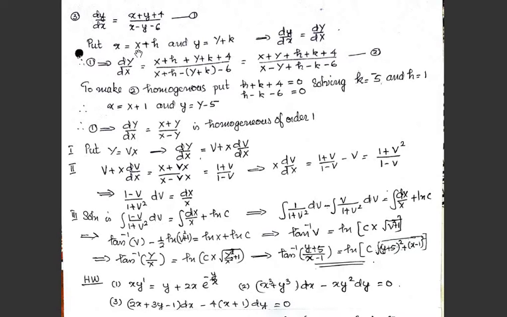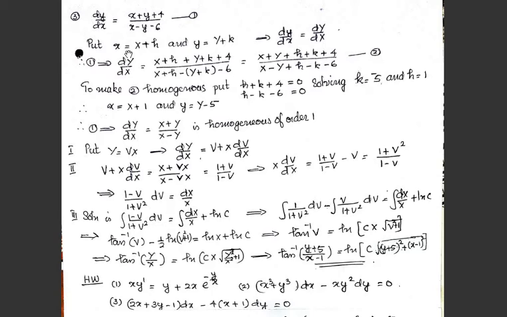So for that we need a substitution. x is equal to capital X plus h, and y is equal to capital Y plus k, where h and k are constants. If we can find such h and k satisfying some conditions, we can convert this equation to homogeneous.